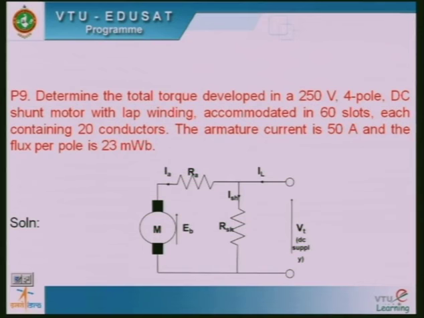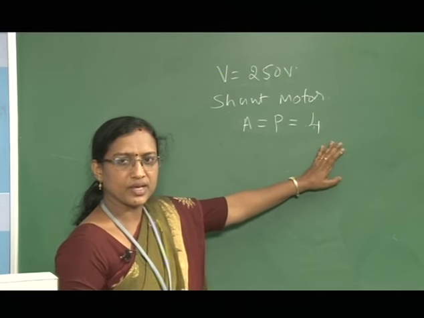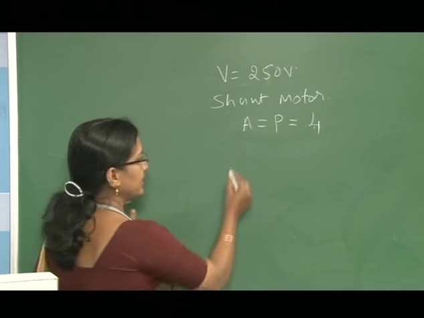In lap connected, the number of parallel paths is equal to the number of poles. Since it is a 4 pole machine, the number of parallel paths is equal to 4, and it is accommodated in 60 slots.